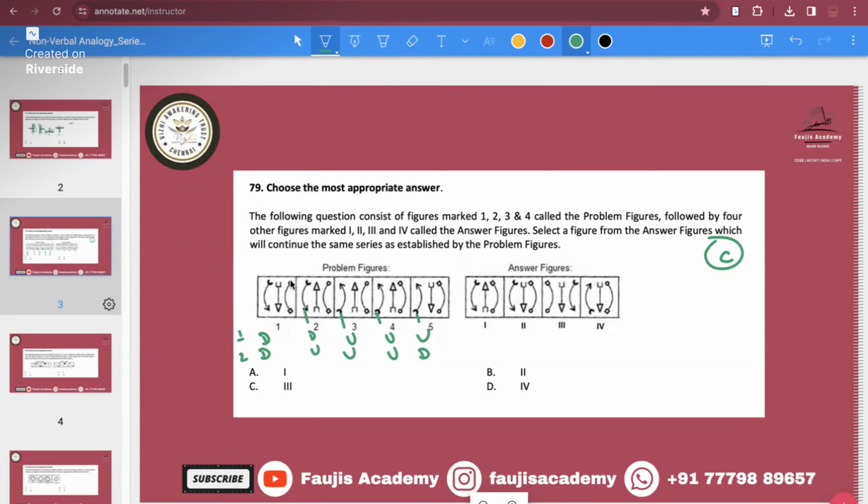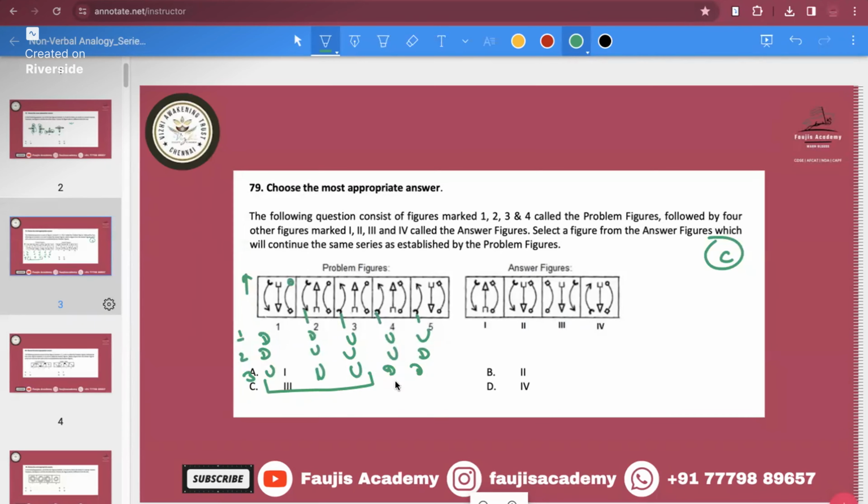For the third element, we are assuming this circle as up. The orientation of the circle being upside means we are assuming it as up. Up, up, up, down, down for the third element. That means the orientation of each of these elements is changing after 3 iterations.